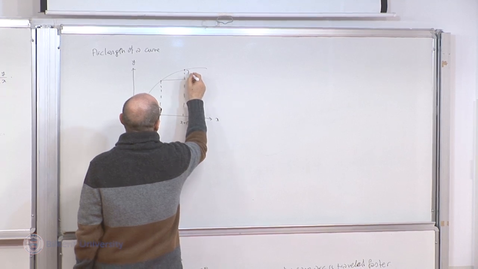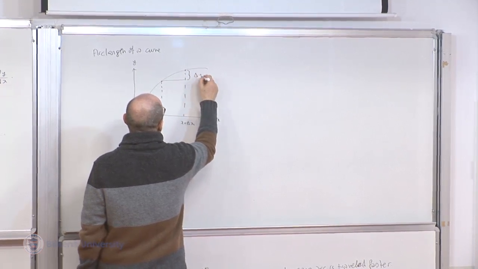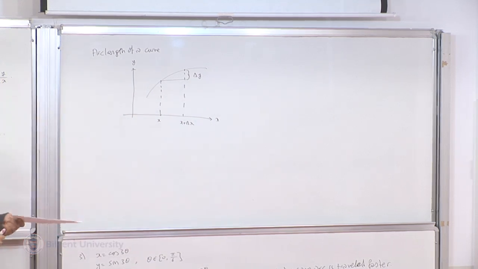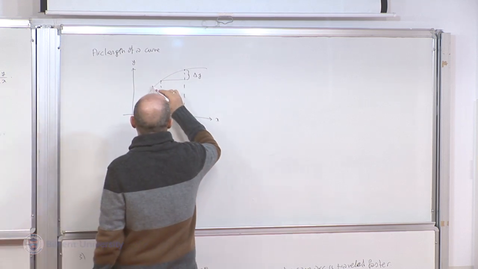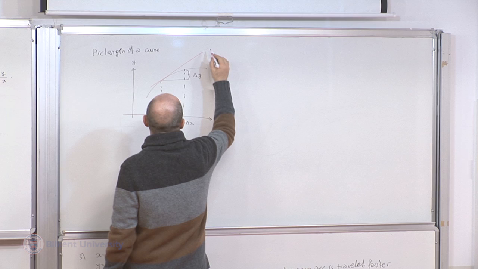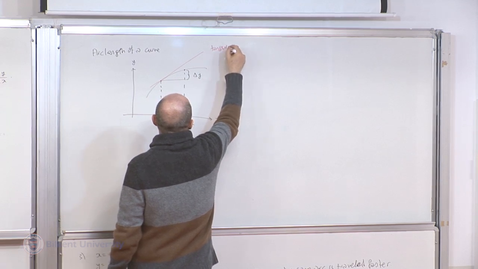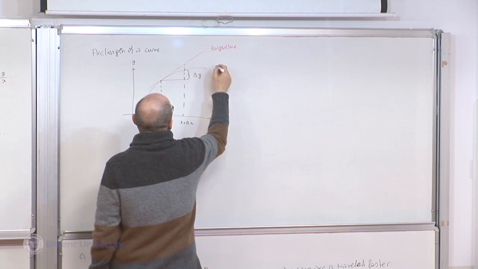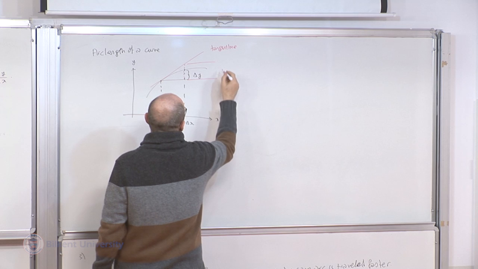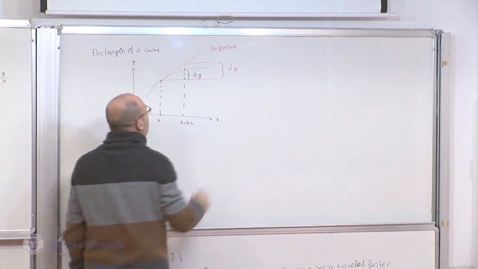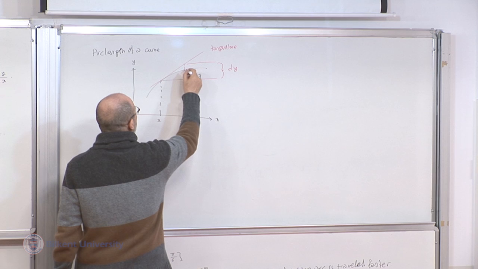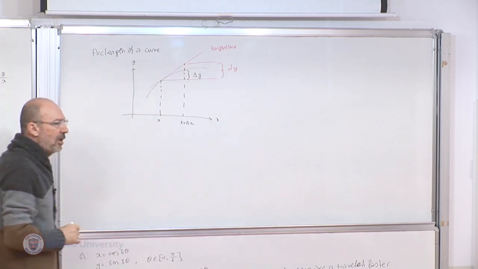Now this distance is delta y. It is easier to calculate, however, the following thing. Here you consider the tangent line. And this red distance, we call it dy. That's how much the tangent line will take you at that point. Here you calculate the function. Here you calculate the value of the tangent line.